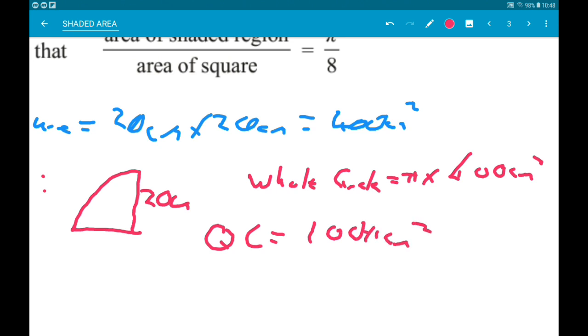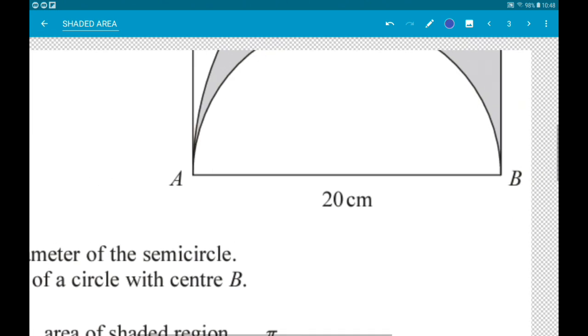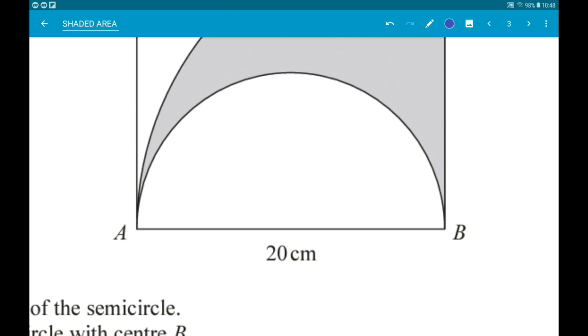Okay, and then the semicircle has a diameter of 20, so it has a radius of 10 centimeters. Now this is half a circle.